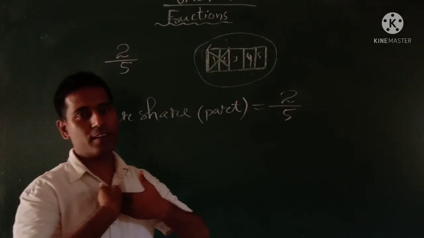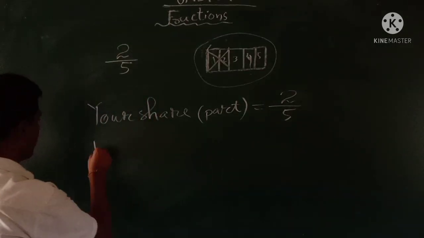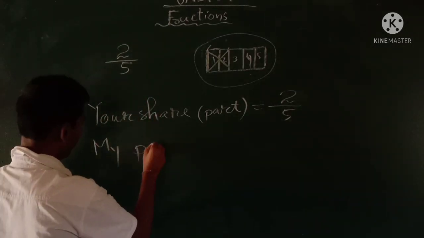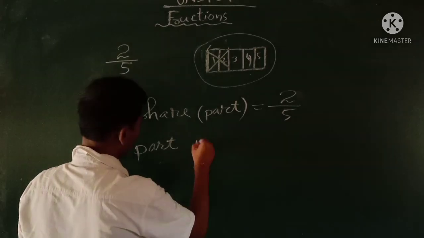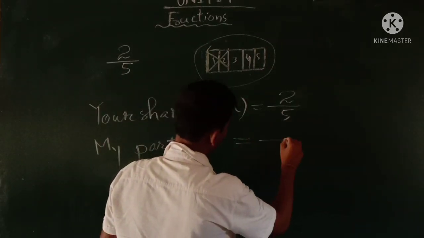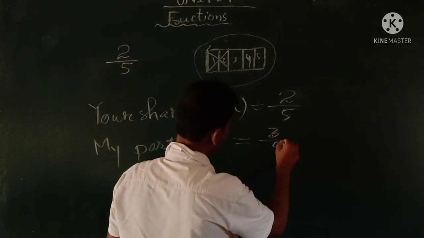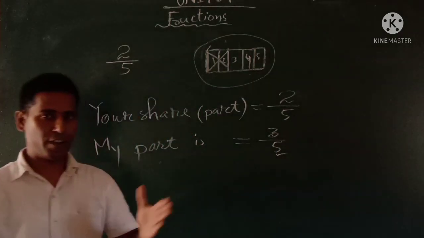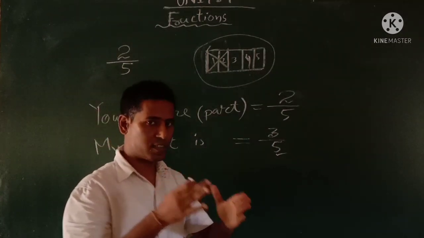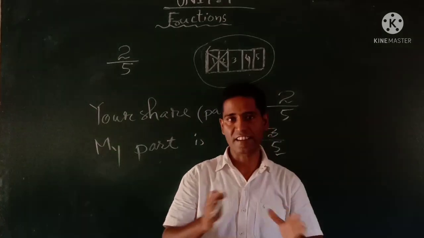And my share, that is my part, is 3 out of 5. Are you getting me? I think the concept of fraction is clear now.